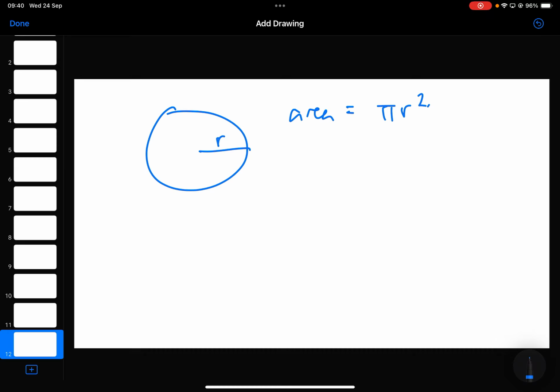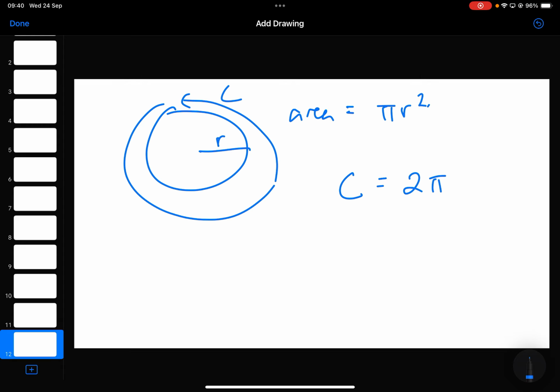I just need to square the radius and multiply by pi. Any circle in the whole wide world. As long as you know the radius, you can also find the circumference. The circumference is always 2 pi times r. The circumference, or the perimeter, of a circle.